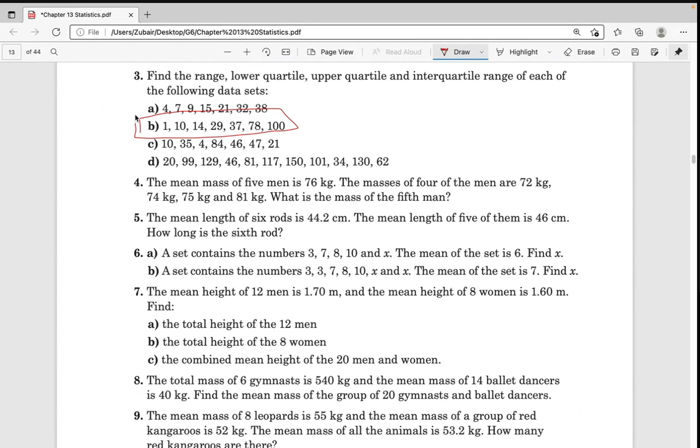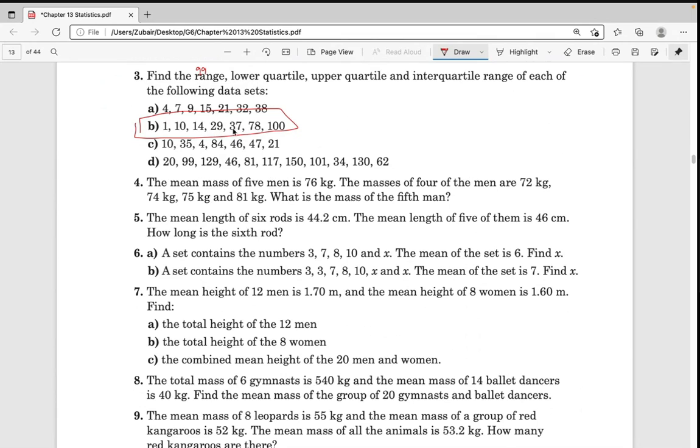Do I multiply with 10? Find the range. So range is straight away 99. I got the lower quartile, but I'm confused in the upper quartile.